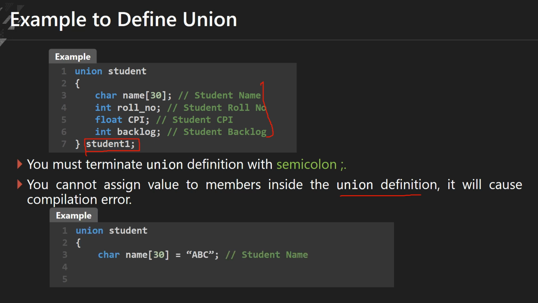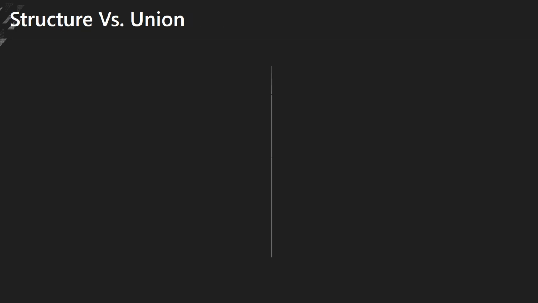If I assign a value directly to a union member within the definition, you will get a compilation error. Okay, so now you understand how to declare a union, what is the speciality of a union, and how to access the union members from outside.